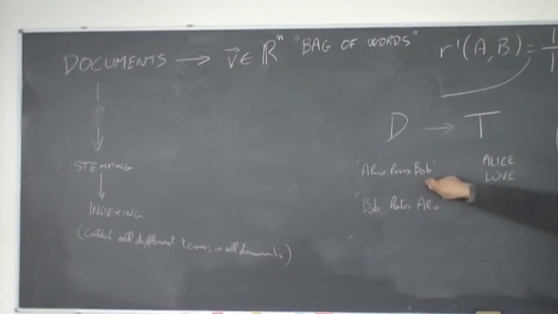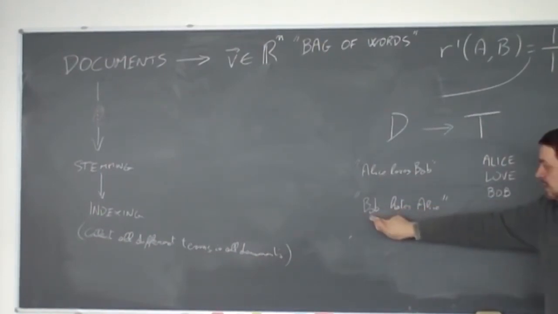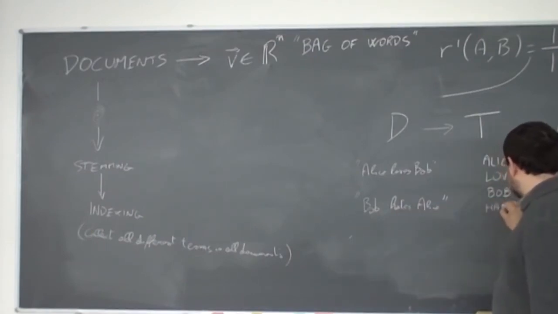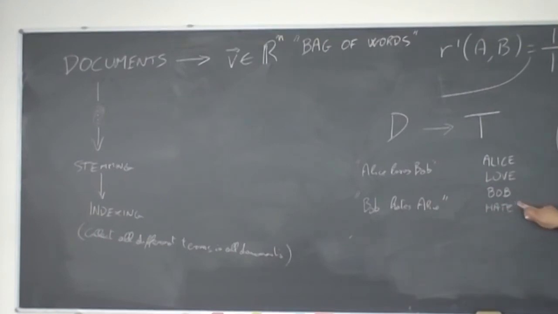Okay, so we just examined all terms in all documents. Alice, love, Bob. Bob is already present. Hate. And Alice is already present. So, the overall set of terms used in all our documents is this.